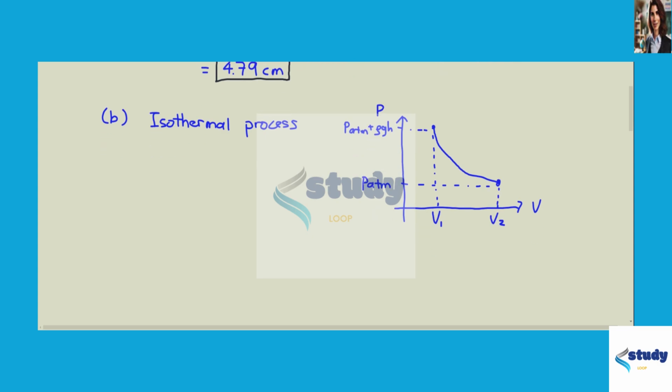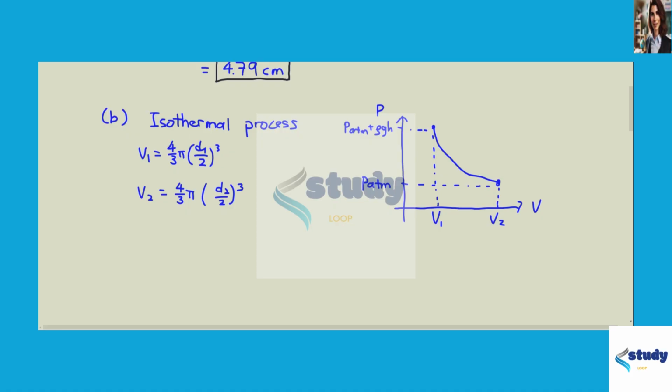V1 is equal to 4/3 pi (d1/2) cubed, and you can calculate this yourself, and then V2 is 4/3 pi times (d2/2) cubed. So this is how the PV diagram will look.